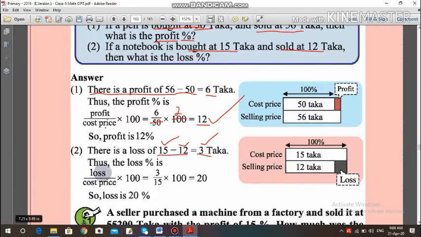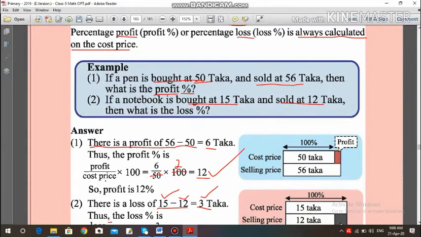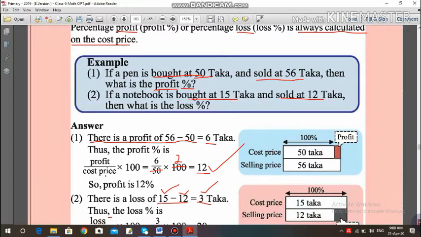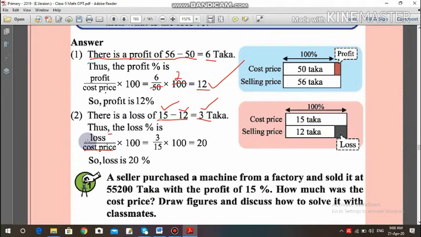Now we convert into percentage. Loss divided by cost price. See that cost price will always be the denominator, because we already said that profit or loss, both are always calculated on cost price. So cost price will be the denominator and loss we convert into percentage, so we multiply into 100. Now loss 3 taka, cost price 15 taka into 100.